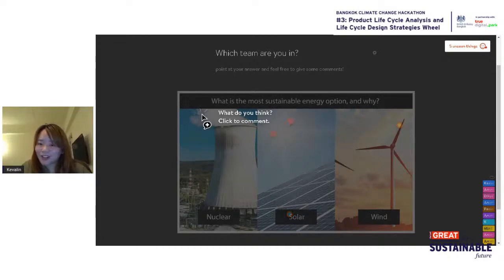We found another one here from Kunmai: wind, because it is renewable and lowest cost, probably.